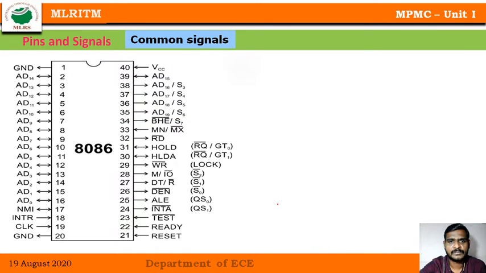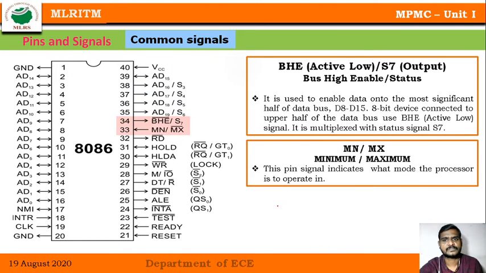Then pin number 34 is called BHE bar slash S7. Again it is a multiplexed signal, where BHE is bus high enable. This is used to enable the data on the most significant half of the data bus, that is D8 to D15.